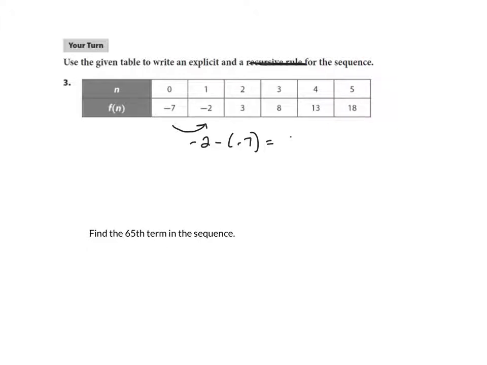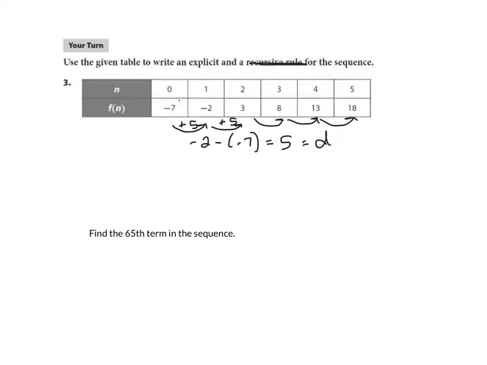That gives me a positive 5. So here I'm adding 5. Let's see here. Do I add 5? Yeah, negative 2 plus 5 is 3. Here, do I add 5? Yep. Add 5? Yes. Add 5? Yes. Okay, so all those are adding a 5. So my common difference is a positive 5.